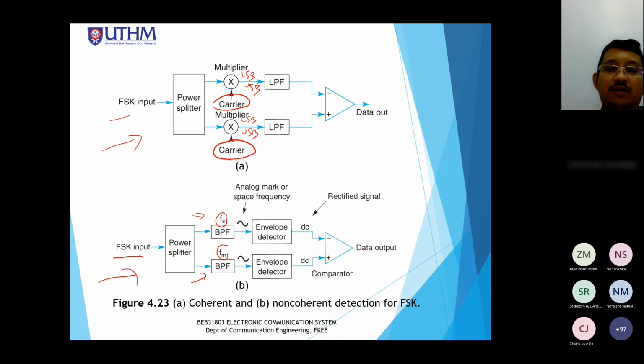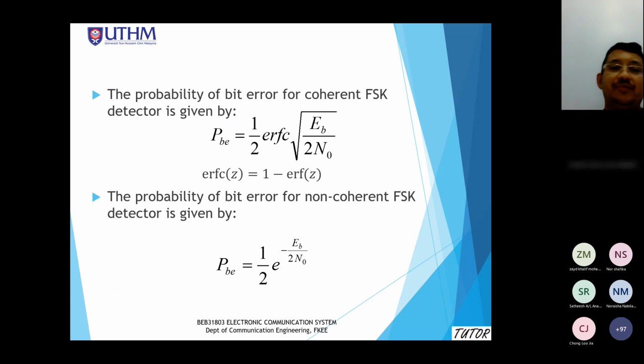Okay, and then pass through the envelope detector. Envelope detector is similar with the AM detector. Okay, which will do the demodulation like in the AM process, and then produce the output in terms of logic 1, logic 0, logic 1, and so on. So this is for the FSK.